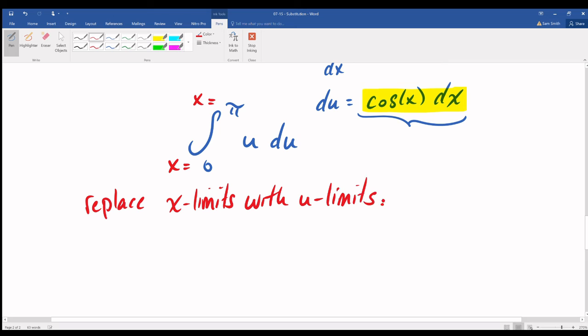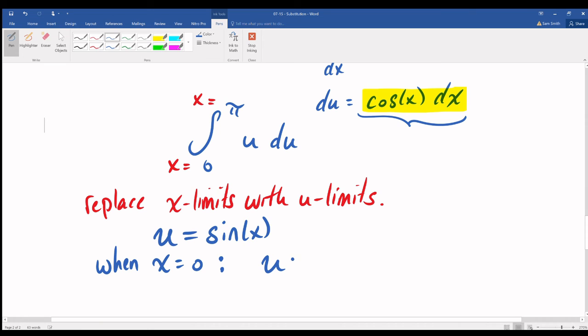Okay, so that brings us back to the statement that u represented sine of x. If I want to know what u is doing when x equals 0, I can simply plug x equals 0 into this equation to find that u is 0 at the exact same time.